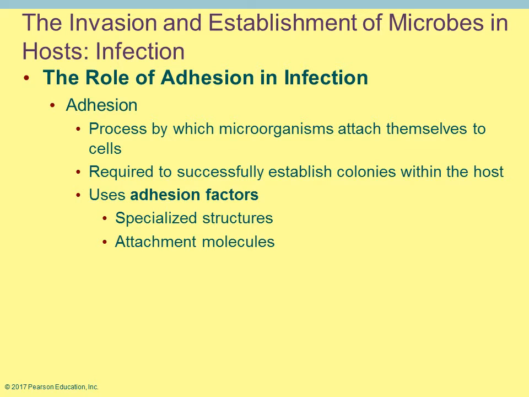So if the microorganism is able to get in, how does it stay in to cause the infection? One thing is adhesion. This is a way that microorganisms are able to physically attach to your cells, so they won't be flushed out.